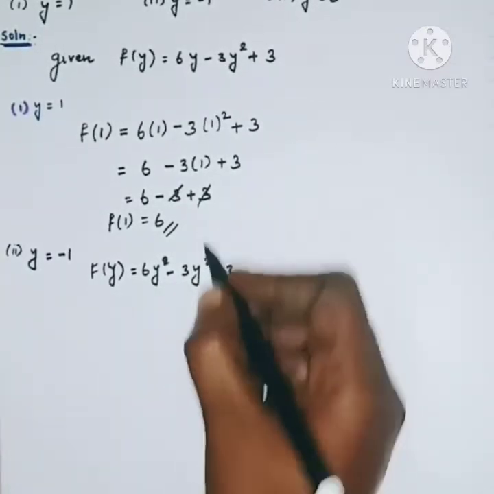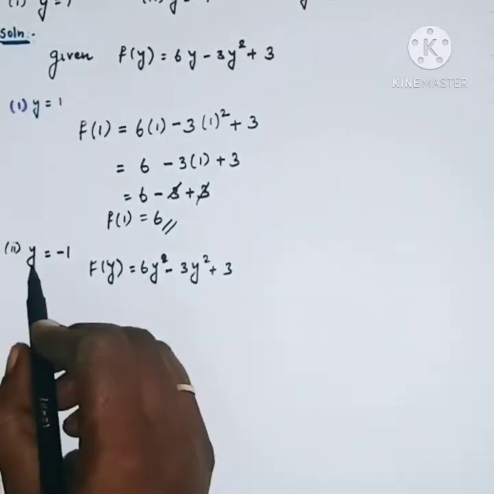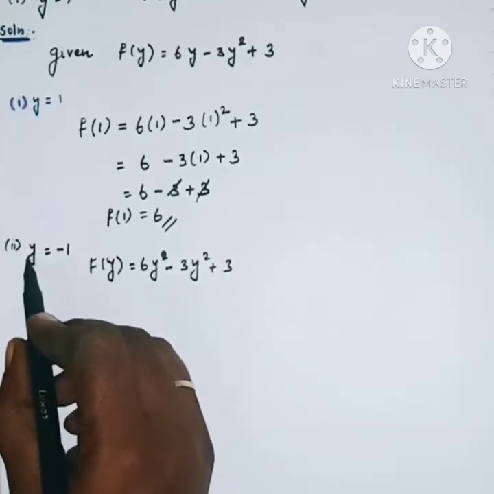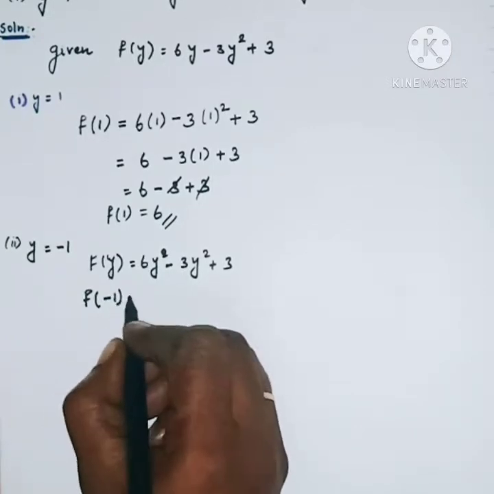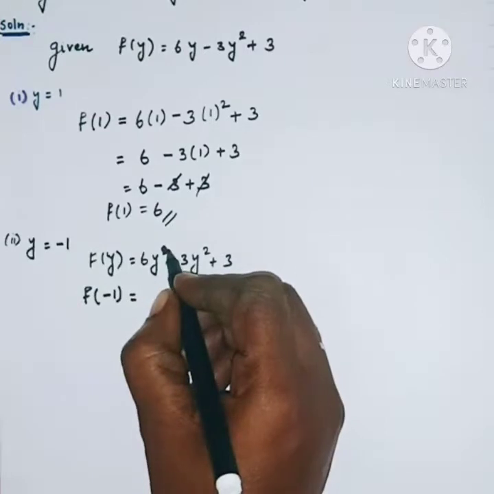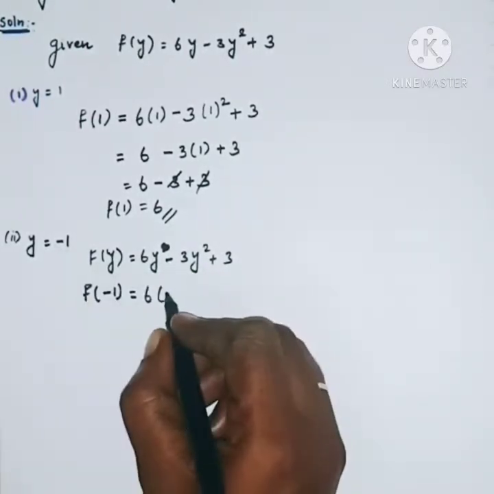This is the polynomial given in the sum. So now the second subdivision is y is equal to minus 1. We have to substitute the value for y is minus 1 here. So f of minus 1 is equal to, instead of y we have to substitute the value minus 1.